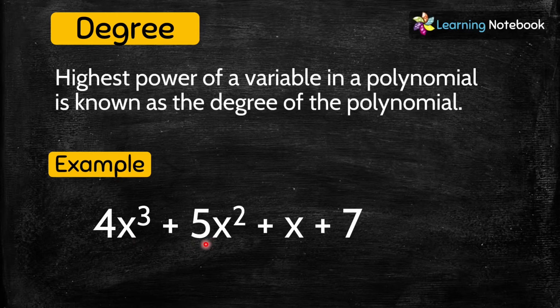In the second term, power of x is 2. In the third term, power of x is 1. And in the fourth term, power of x is 0. So the highest power of x in this polynomial is 3, which is the degree of this polynomial.